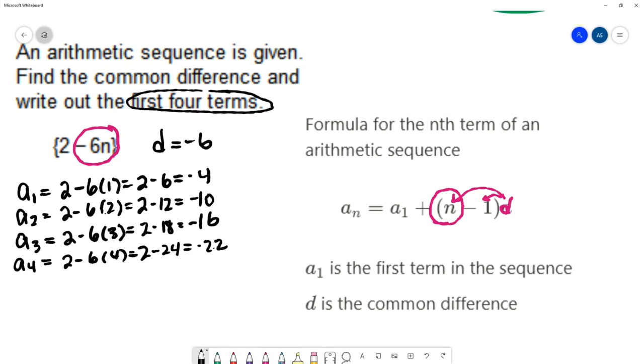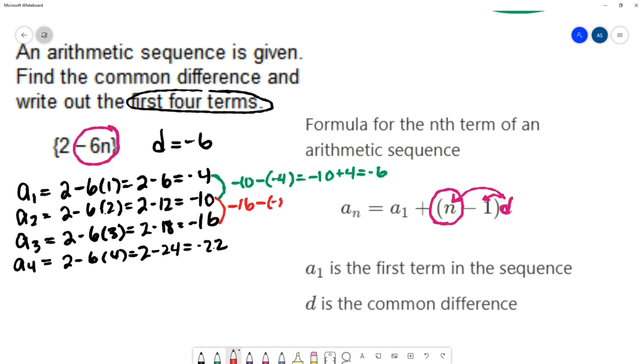Another way for us to find the common difference is to take the difference of successive terms. So take terms that are right next to each other and calculate the difference. Negative 10 minus negative 4 is negative 10 plus 4, and that's negative 6. I'll take the next 2 successive terms.